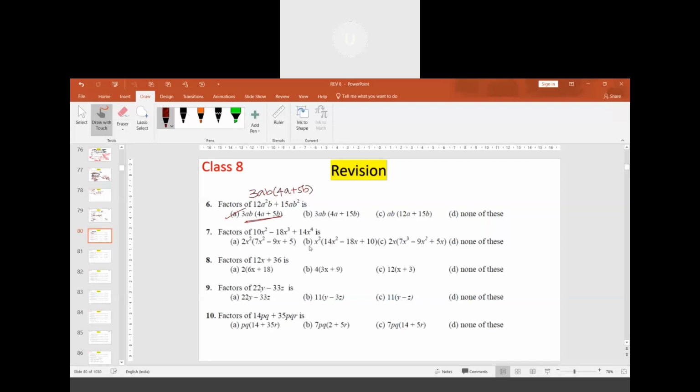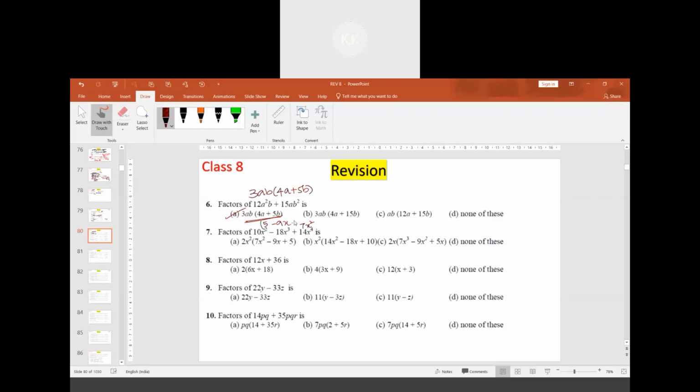In the next question, we have x to the power 4 followed by x cube and x square. 2x square is common. If you take 2x square as common, we will be getting 7x square here, from here it will be minus 9x, and from here it will be plus 5.